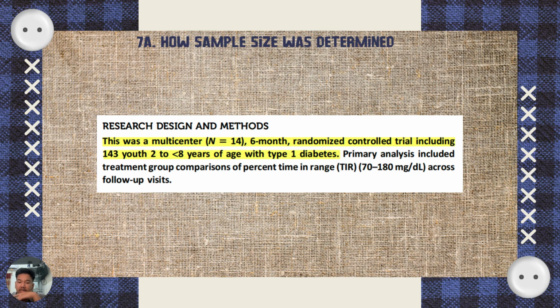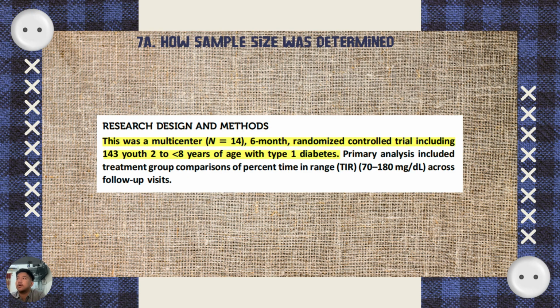In the article, a sample size of 126 provides 90% power to detect a 10% difference in time in range. This is met for item 7A by including justification for statistical power.